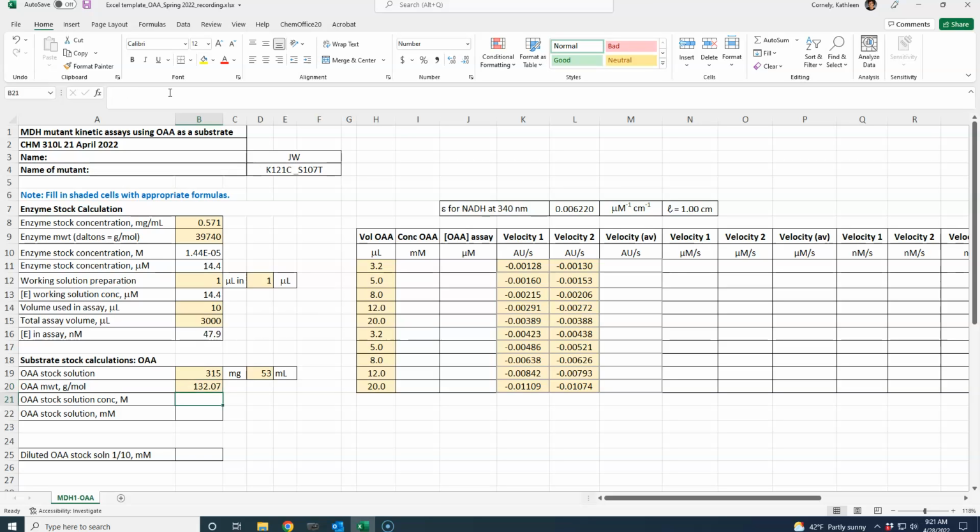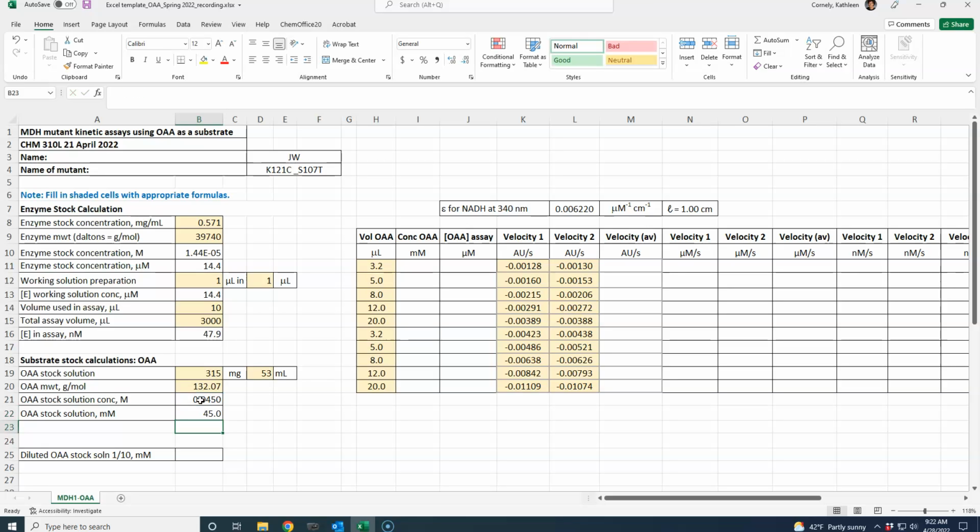So if we calculate the stock concentration solution, first we have to take milligrams per milliliter, which is the same as grams per liter. So if we do that and divide by the molar mass, we will get the stock concentration solution in molarity. If we want to convert this to millimolar, we should take this and multiply by 1,000, and that's the concentration in millimolar.